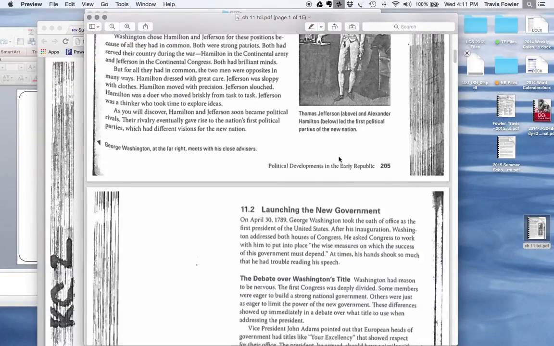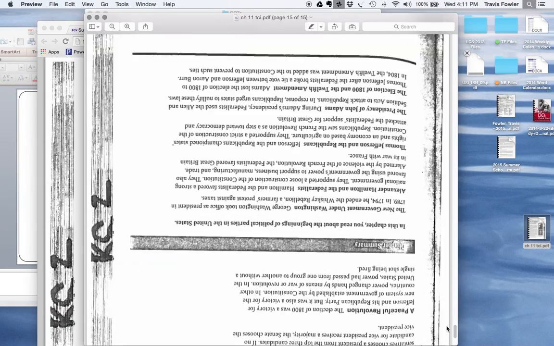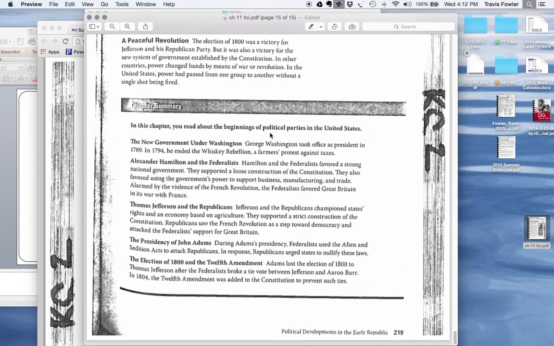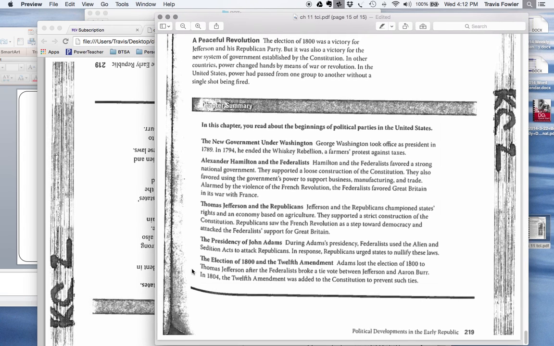Okay, so if you need the summary, there you go. That's the chapter summary. Okay, so if you need the summary to finish your pre-read, there it is, right there.